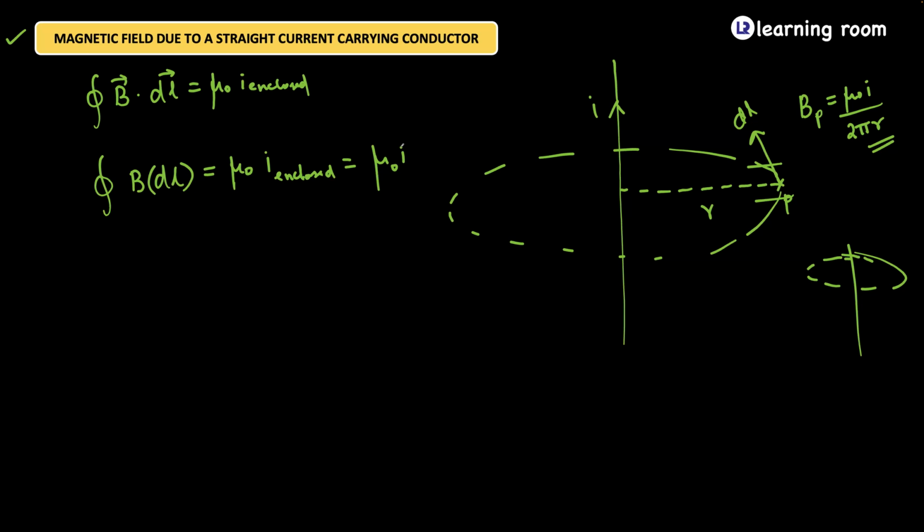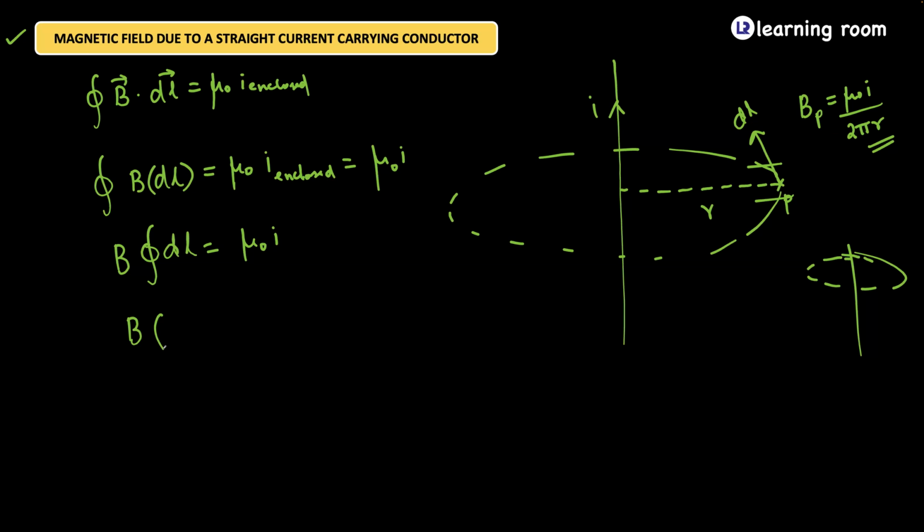B is a constant at a given distance. Current is same, distance is same. So B is going to be a constant. Can I take the B out of the integral? So if I take B out of the integral, line integral of dl will be equal to mu naught into I. I hope it is clear. So B into, now tell me one thing, listen to this carefully. If I take this dl and add everywhere, if I integrate this dl over the Amperian loop, what am I going to get?